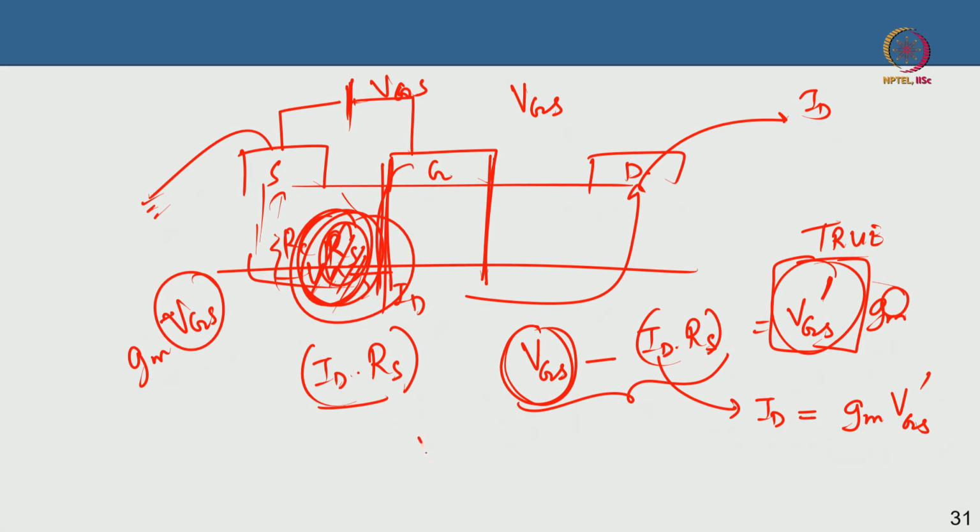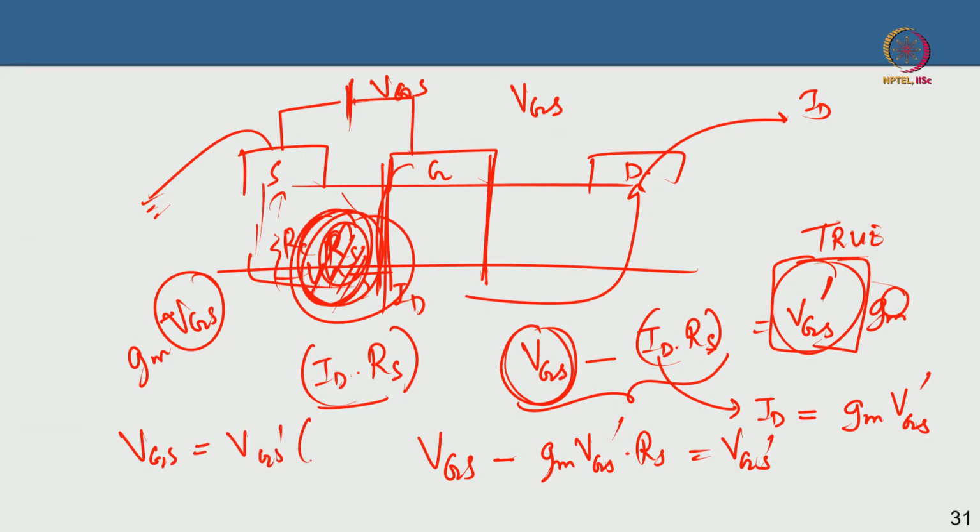So this is your applied VGS minus the drop, which is GM times VGS prime times RS, equal to VGS prime, correct. So your VGS is equal to VGS prime into 1 plus GM RS.